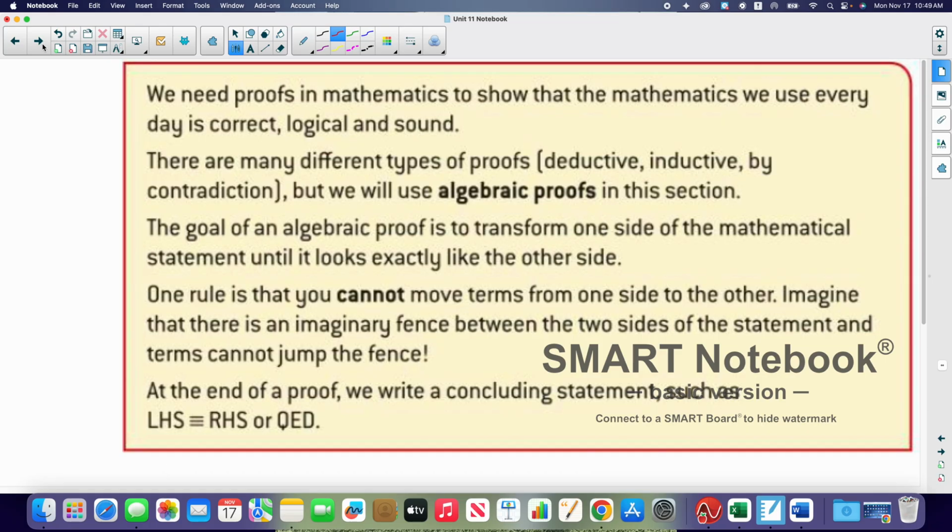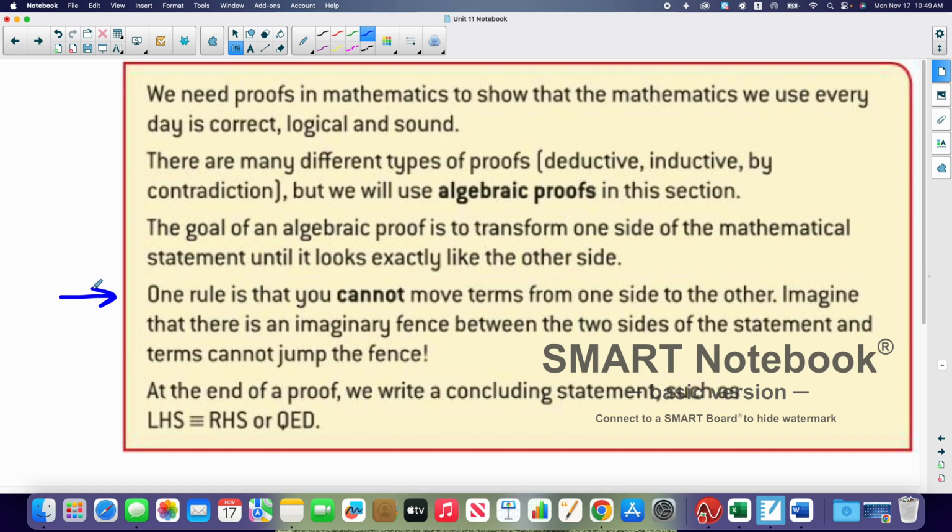There are many different types of proofs. We've got deductive, inductive, by contradiction, but we're only going to use algebraic proofs for IB. The goal is to prove that one side is equal to the other side of the equation. Now there's a couple little rules that we have to follow.